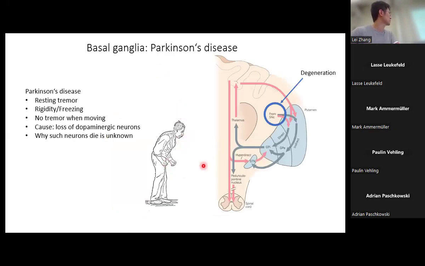In this disease, what you often see is that the patient has difficulty initiating a movement. In the resting case, they have tremor, and they are freezing, they cannot move. But if they somehow manage to move, then the tremor disappears. The cause has been identified as the loss of dopamine in the basal ganglia. But unfortunately, we don't know why these neurons degenerate.